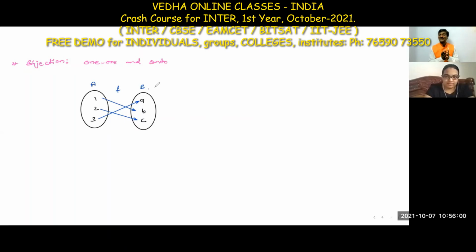Is it onto? Yes, no element is left in the second set. If you leave any element in the first set, it is not a function at all. If you leave any element in the second set, it is a function but not an onto function. Here it is a bijective function. So a function that is both one-one and onto is a bijective function or bijection.